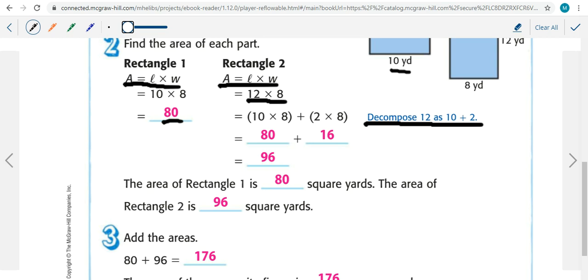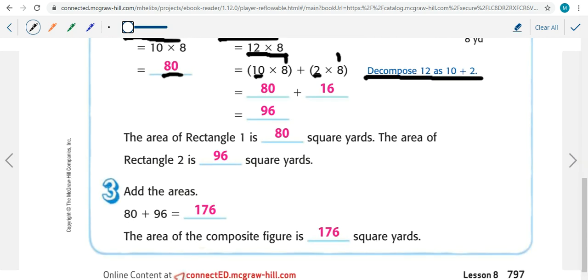Remember, we decompose 12 as 10 and 2, and this number 8 does not change. Now we multiply. 10 times 8 is 80 and 2 times 8 is 16. Now we add 80 plus 16 is 96.